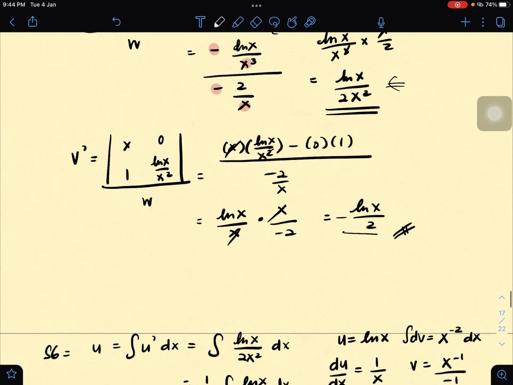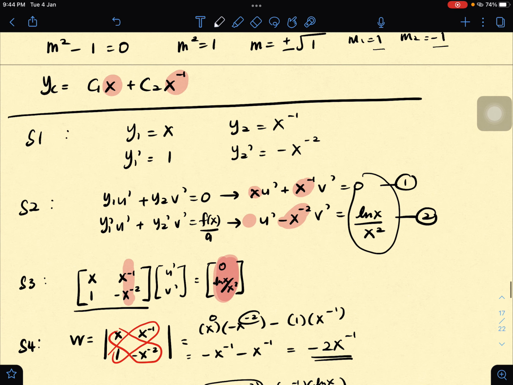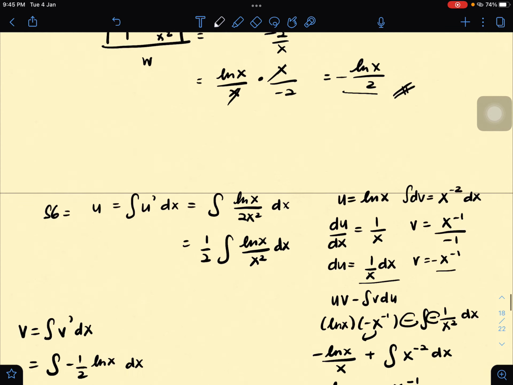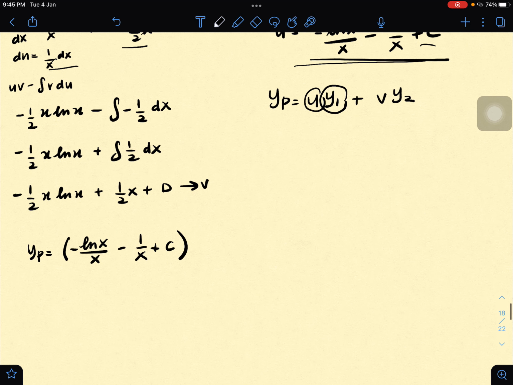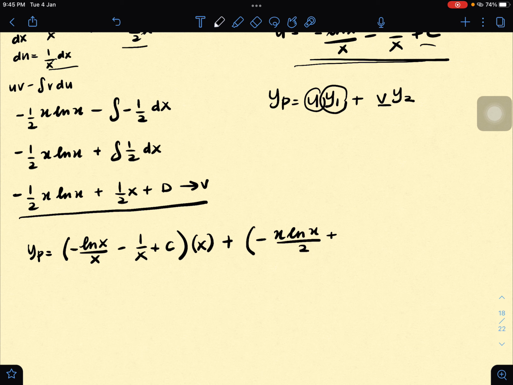So your y1 is x, your y2 is x negative 1. So multiply by x plus v, this one is your v, negative x ln x over 2 plus 1 over 2 x plus d multiply by y2. Your y2 is x negative 1, ataupun kita boleh tulis dia sebagai 1 over x.